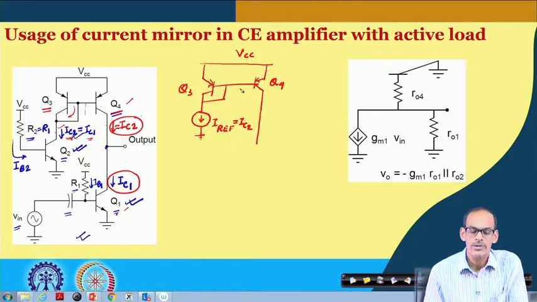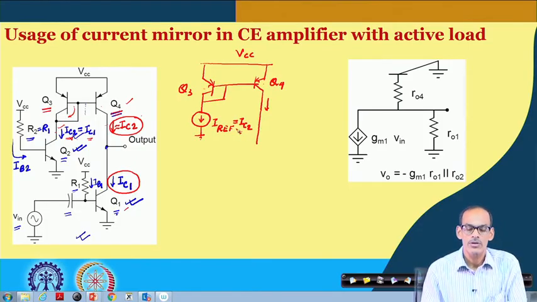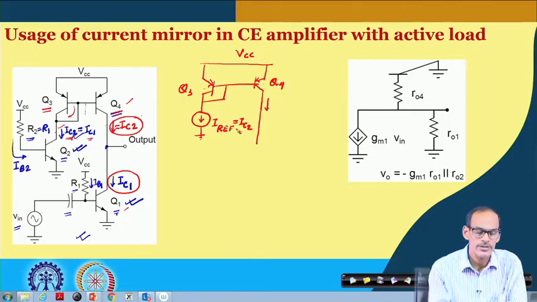Whatever discussion we had before, namely the expression of this current in terms of the IS ratio of the two transistors multiplied by this current multiplied by non-ideality factors, one is due to the base current loss, and another is due to the finite early voltage, that can be considered.